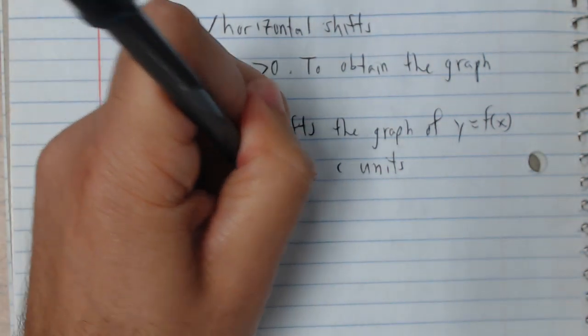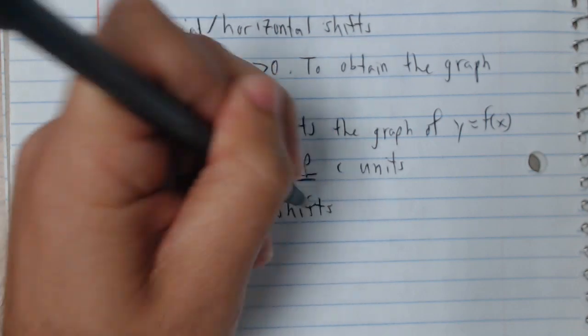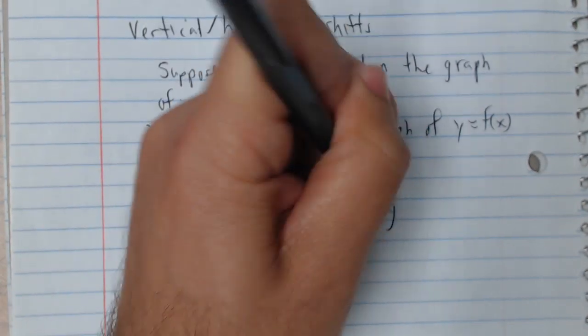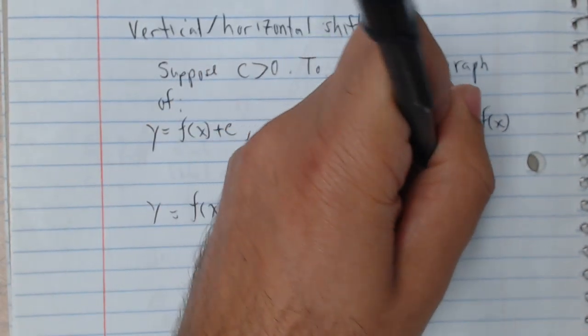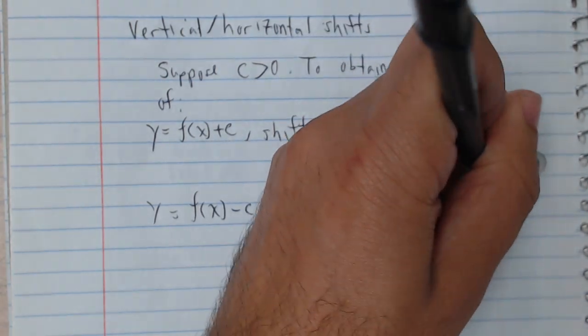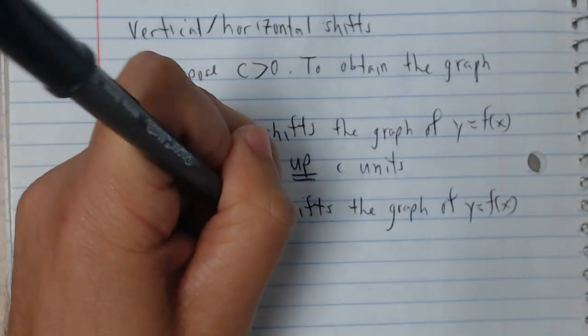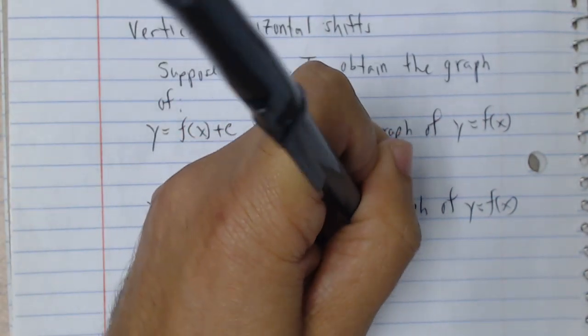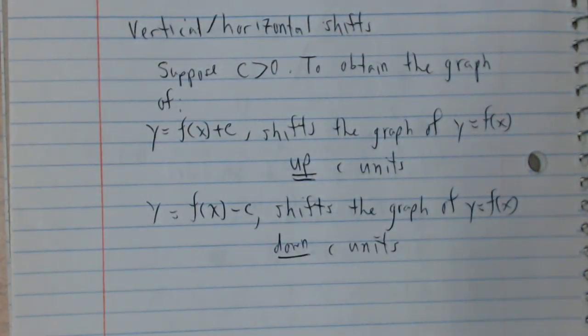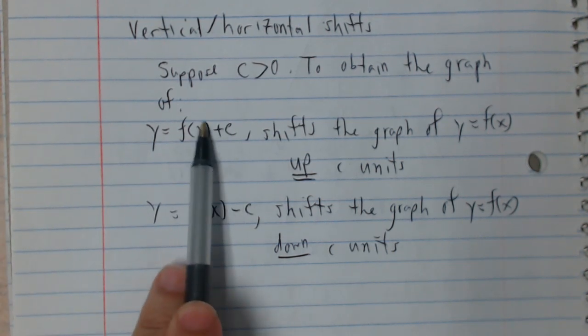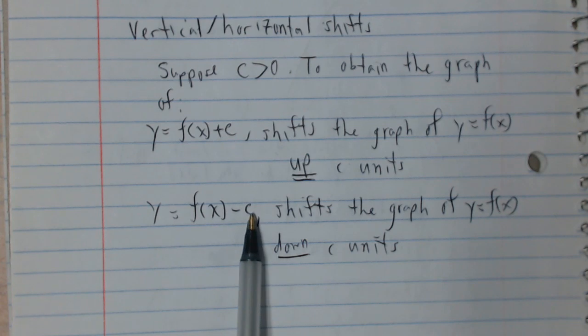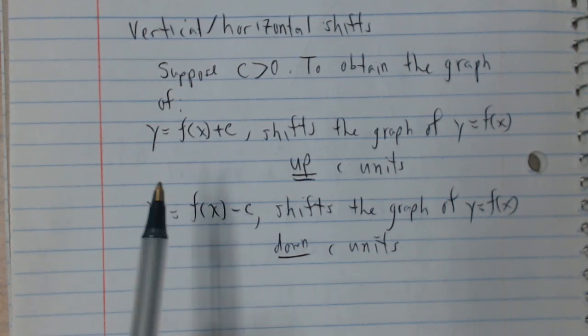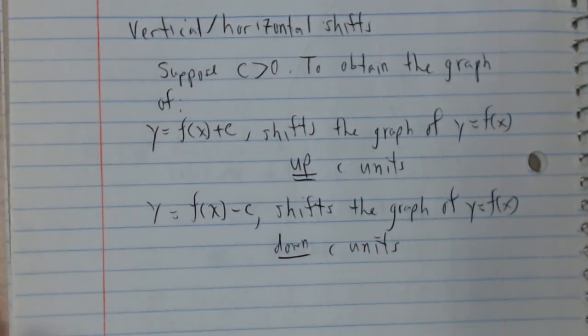So this shifts the graph of y equals f of x down c units. Okay, and of course this makes sense to us. How come? Because we're grabbing the y values of these functions and we're adding or subtracting from the y values of the function, which is causing things to shift up or down.